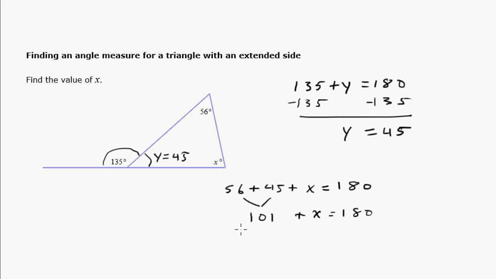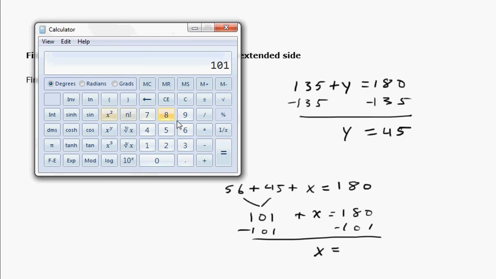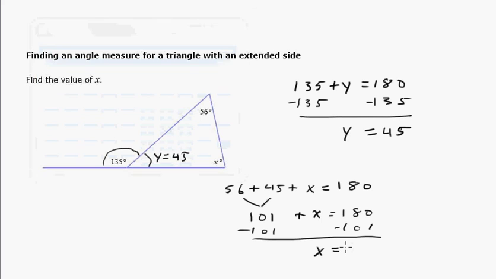And now I'm going to subtract 101 from both sides. You probably should be able to do this in your head, but it's clear enough. We just use a calculator. 180 minus 101, and we get 79. So this angle x should be 79 degrees.